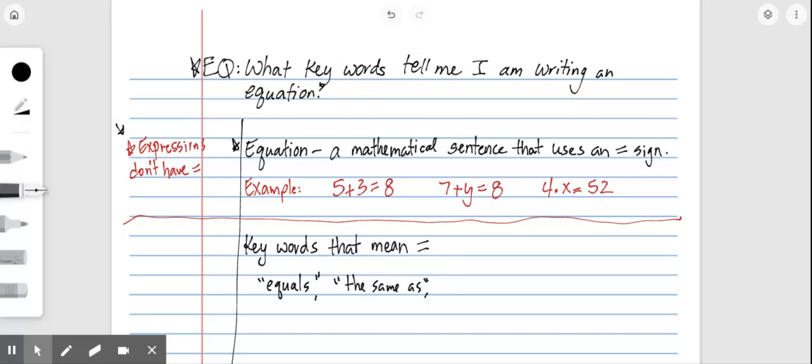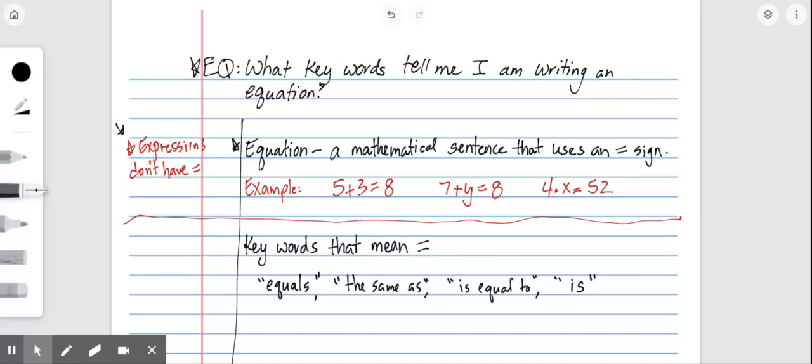Okay. Another one is is equal to. Again, if I said that, you would know that I'm using an equation. And the last one, this one is really popular. This one is one that is used a lot. It's actually just the word is. So if I said 4 times x is 52, then that would mean 4 times x equals 52.